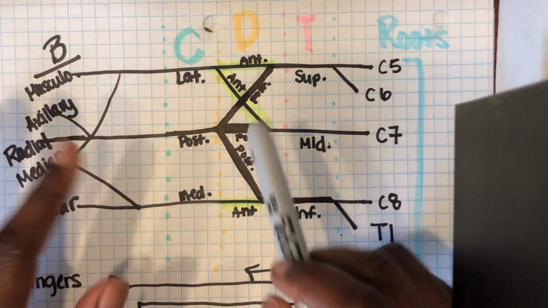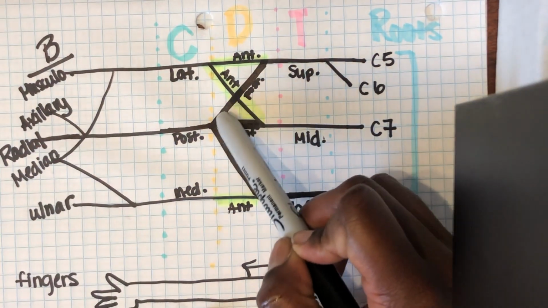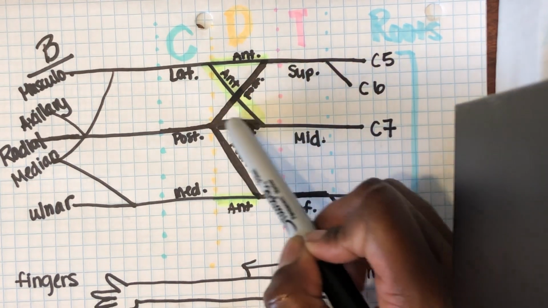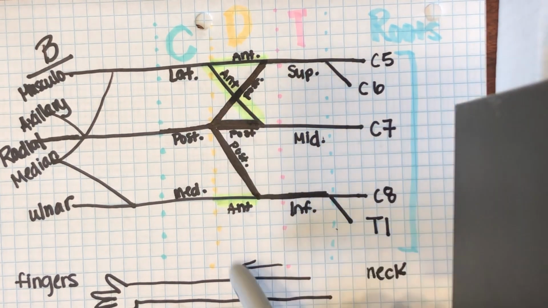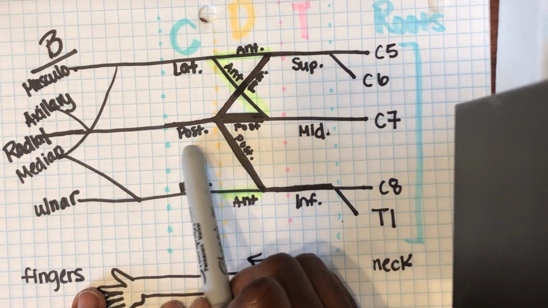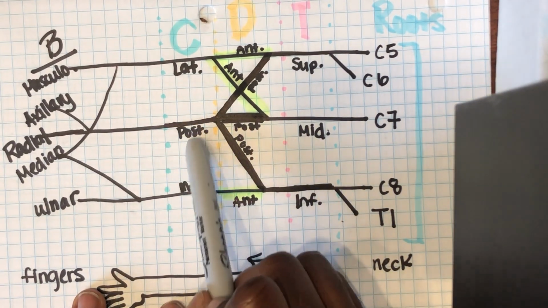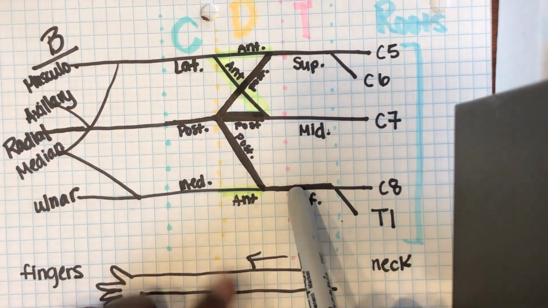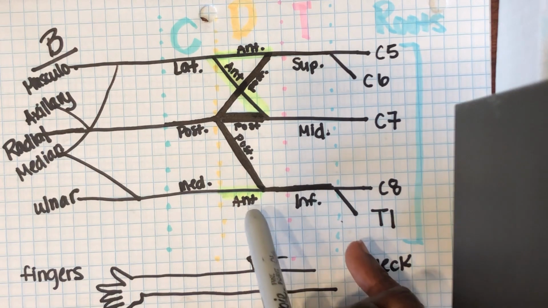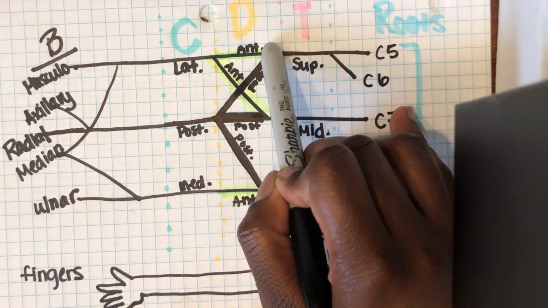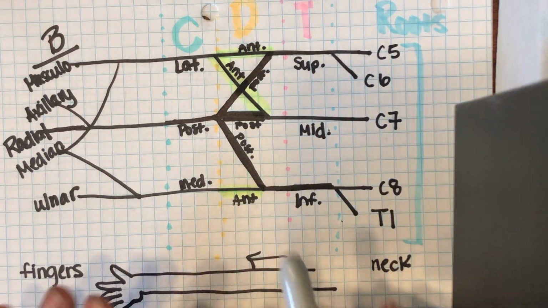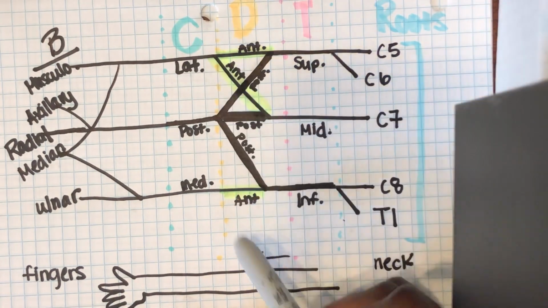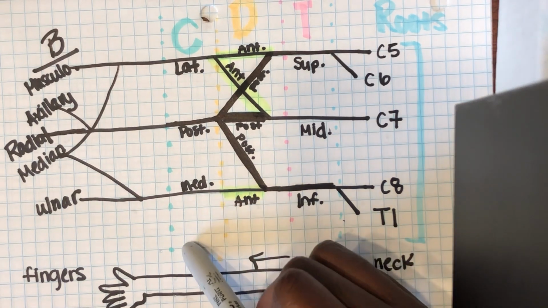We noticed that our posterior divisions all led up, this thick black arrow, our posterior divisions all are going to meet up with our posterior cord right here, okay? And our anterior divisions that are highlighted in yellow are all going to meet up in one of two places, either our lateral cord or our medial cord.